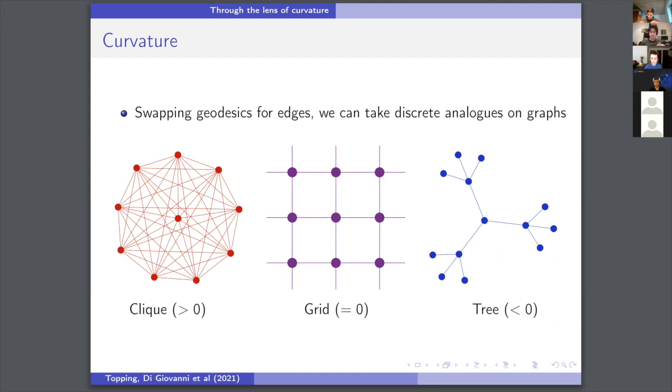On a grid, edges departing from the endpoints will stay parallel to each other. And finally, on a tree, for example, edges will diverge, which means that the endpoints we reach will be at a distance which is greater than the edge we started from in the first place.